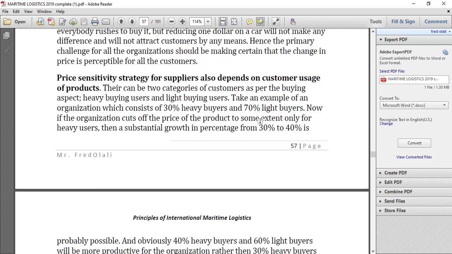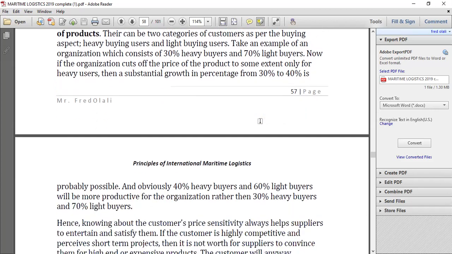Take, for example, an organization which consists of 30% heavy buyers and 70% light buyers. Now, if the organization cuts the price of the product to some extent only for heavy buyers, then substantial growth in percentage from 30 to 40% is probably possible.